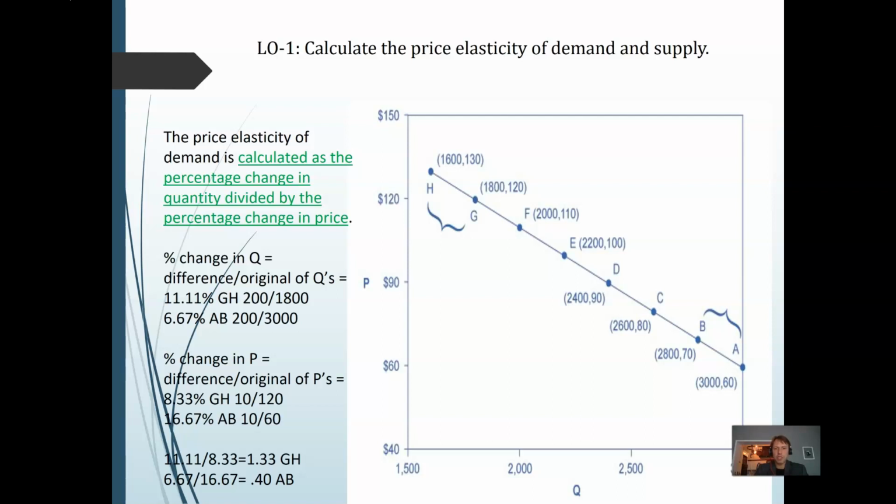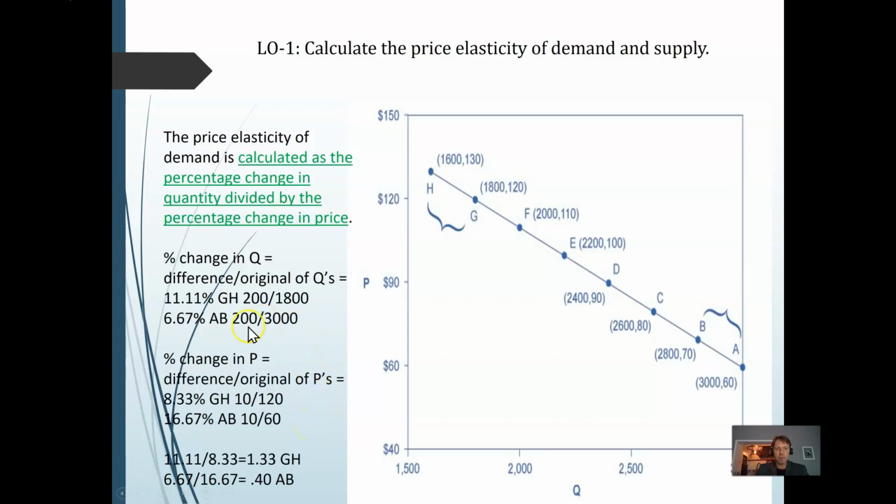We can do the same thing with price. If we go up to G and H, it went from 120 to 130, a change of 10, but originally it was at 120, that price point over here. And then from A to B, it went from 60 to 70, also a change of 10, but it started at 60. And when you do your calculator, you'll get different percentages, 8.3 and 16.67.